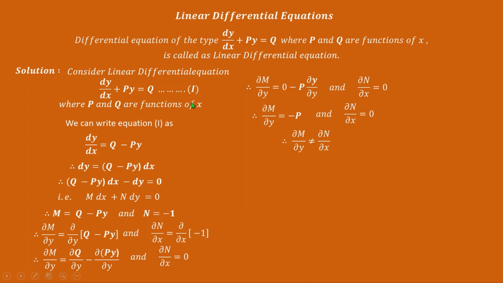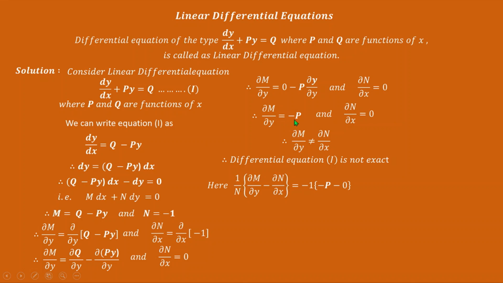As this equation 1 is not exact, we can make it exact by multiplying by an integrating factor. So first we have to find the integrating factor. Here consider 1/N (∂M/∂y - ∂N/∂x). Value of N is -1, so here we get 1/(-1), that is -1.